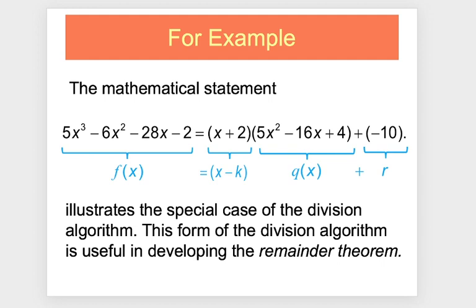So all of this will equal x plus 2 times 5x squared minus 16x plus 4. But I can divide all of that by x plus 2. And that's going to get rid of this.